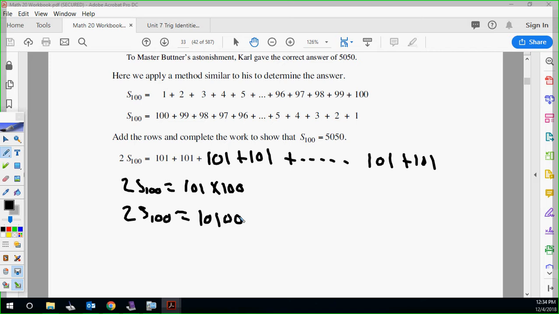Then you divide by 2 for the answer, which is 5050. So that's how he figured out the pattern without doing every addition. At 10, yep, that's the crazy part. That's why he's a famous mathematician.